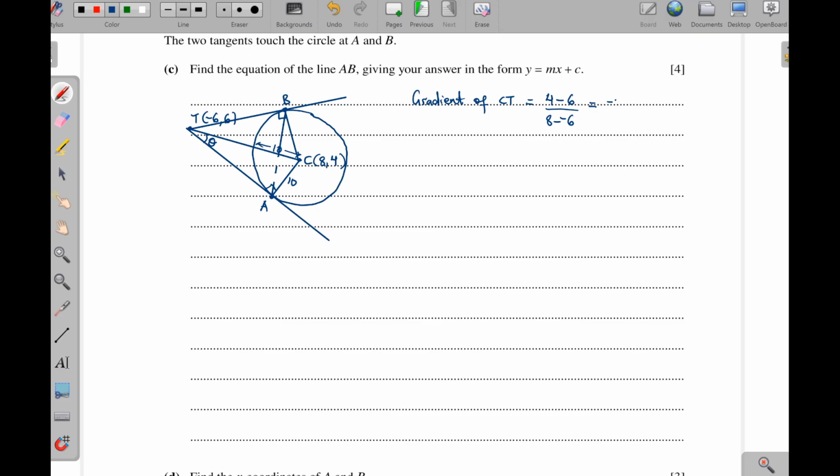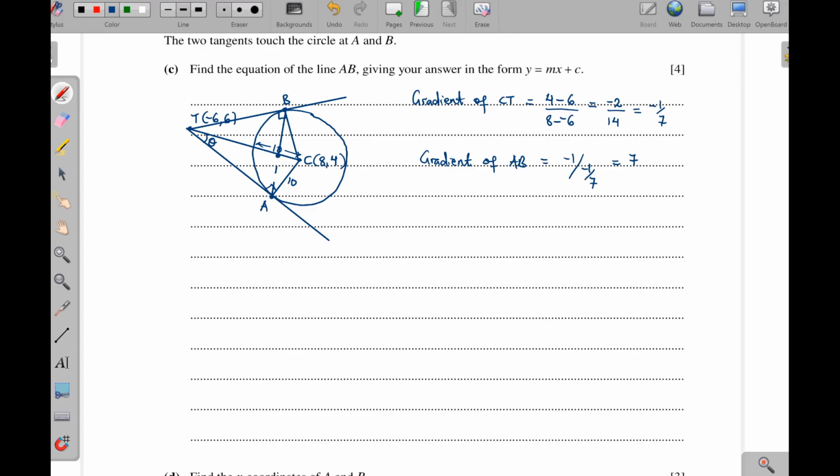So here you will get negative 2. Then we divide by, this will be a 14. So this one will give us negative 1 out of 7. That means gradient of AB would be equal to negative 1 out of negative 1 over 7, which will give you 7. You see that?